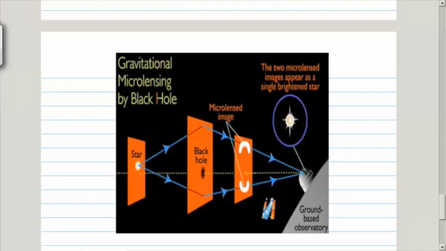So what one sees is, when the light rays come into the telescope, you now get more light, and there is a brightening of the star when the black hole passes between the star and us.